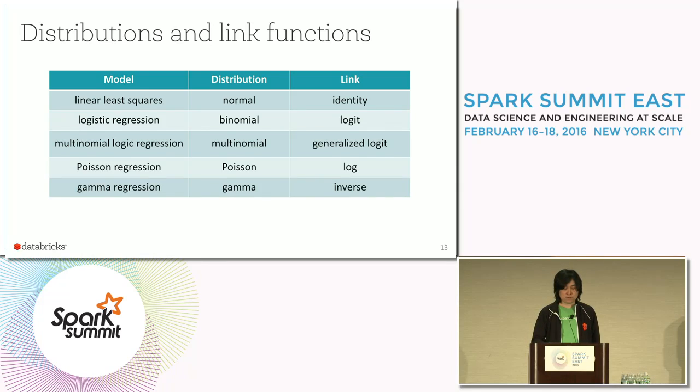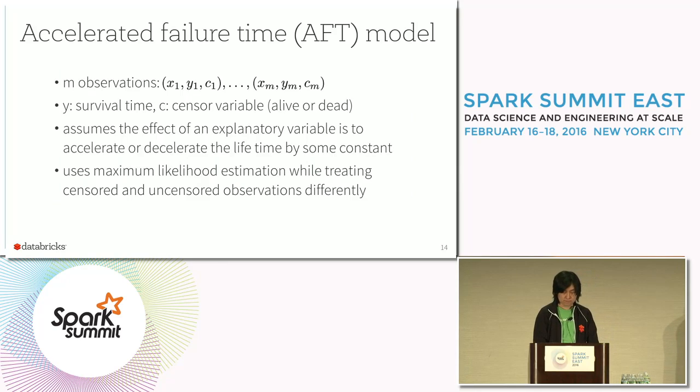Then there's Poisson regression and gamma regression, if you change the distribution and the link functions. Basically, once you understand your data, you choose what kind of error distribution you want, then pair it with a link function and see whether it fits your data really well. That's how people use generalized linear models in practice.